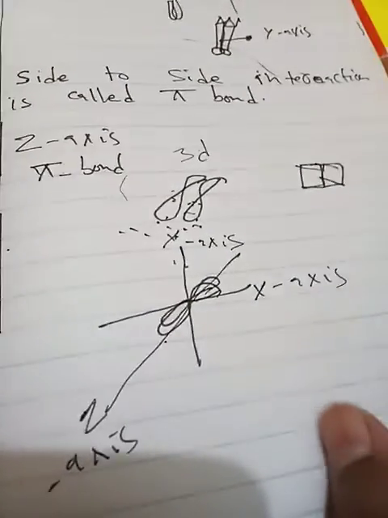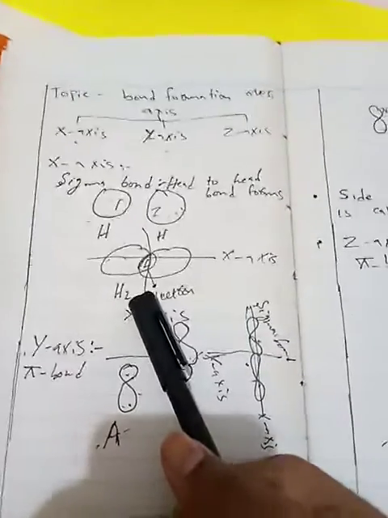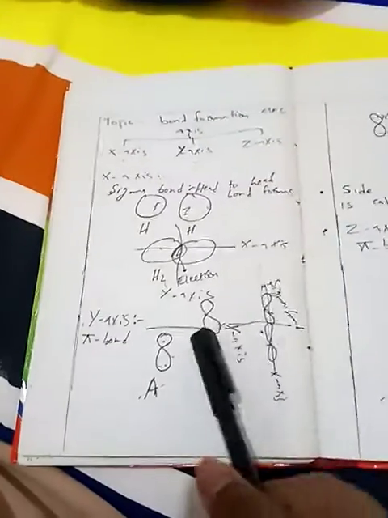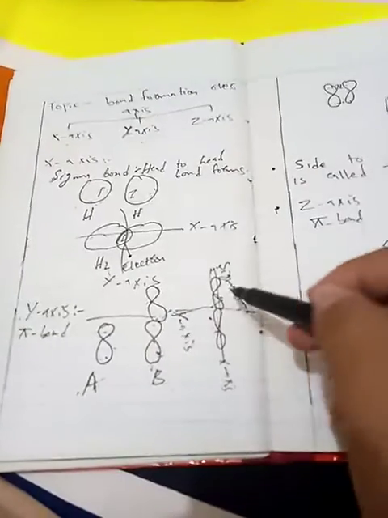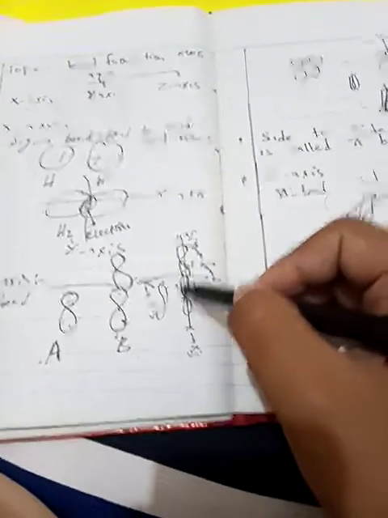Let's clear one thing: if there is a sigma bond, then there can be a pi bond. No matter whether it's a y-axis or a z-axis, if there is a sigma bond, then they will form the pi bond. So I have given an example here as well. They are connecting as a sigma bond, but there is another orbital. So how will they do it?